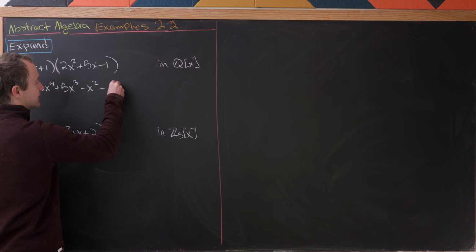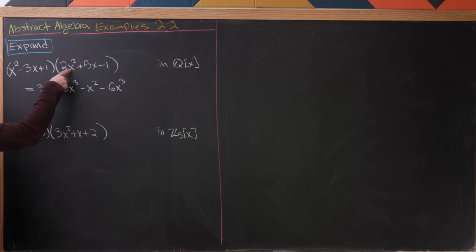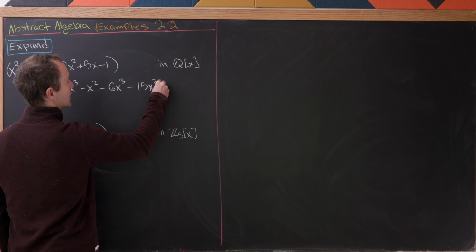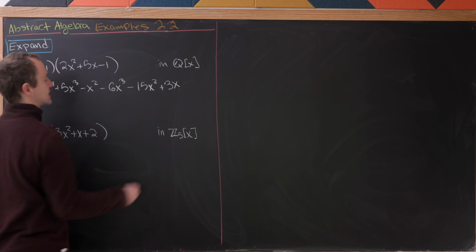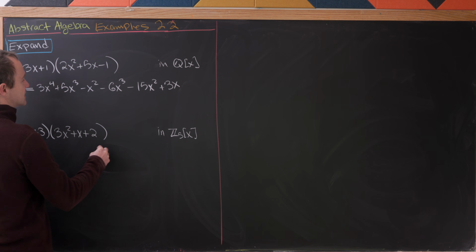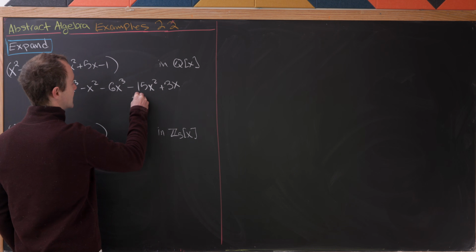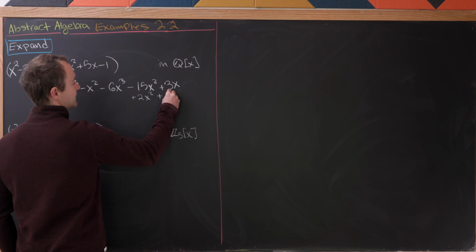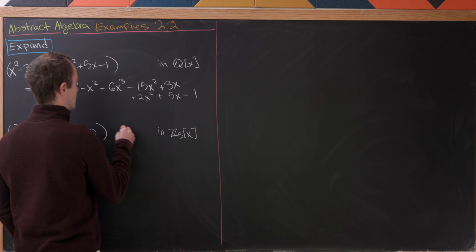So this first will give us negative 6x cubed, and then we'll have negative 15x squared, and then plus 3x. And then we finally have 1 multiplied onto all of those. So let's see, that'll give us plus 2x squared, and then plus 5x, and then minus 1.